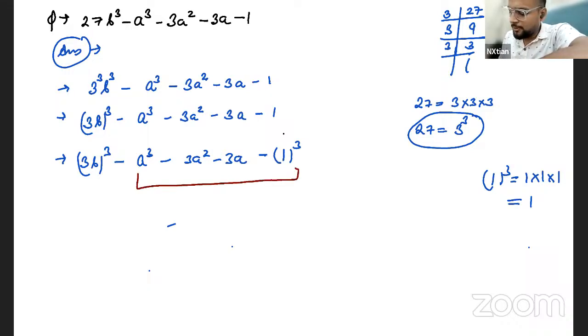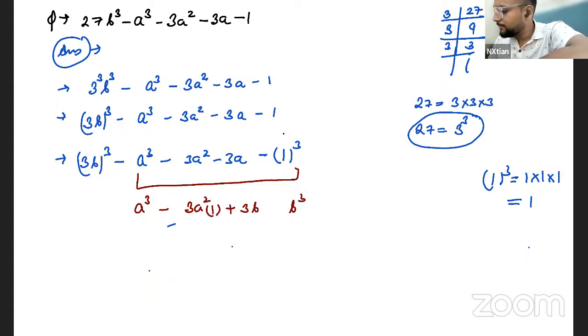Okay. So from this, I got a cube, b cube minus 3a square b plus 3b square a. Let me check. Okay.